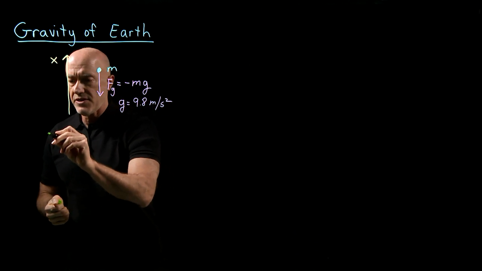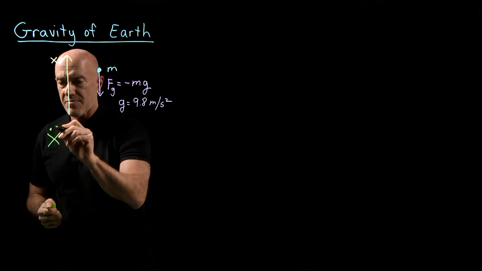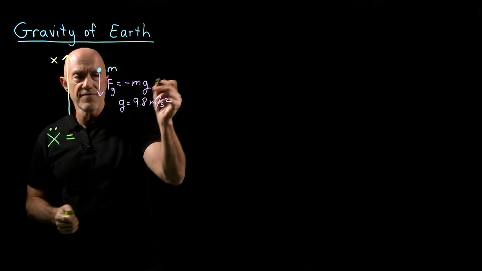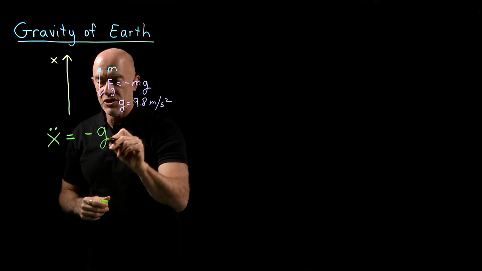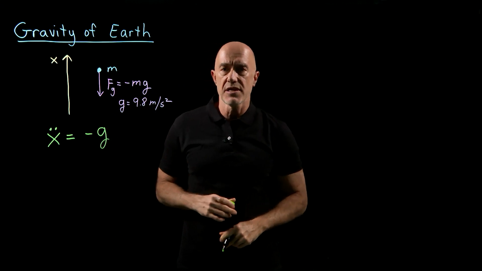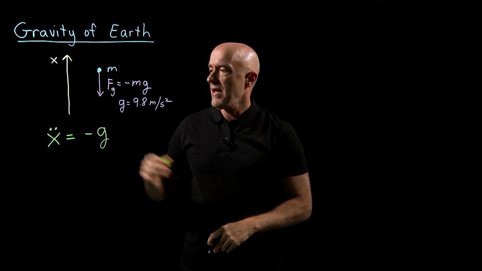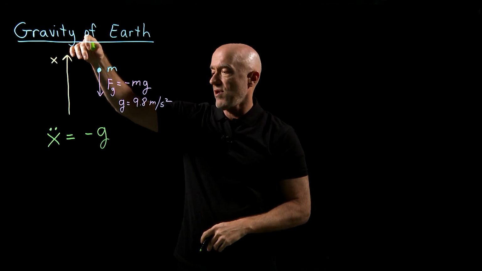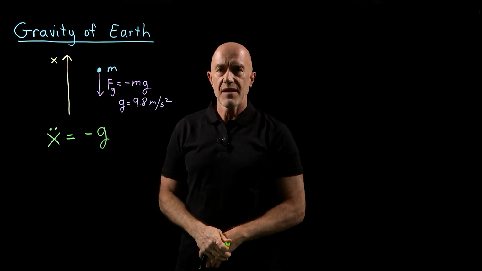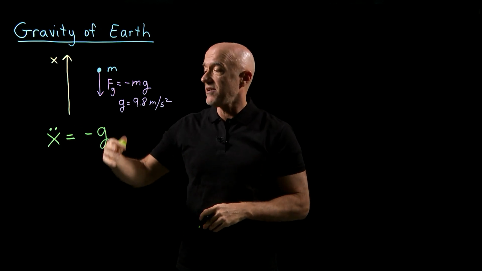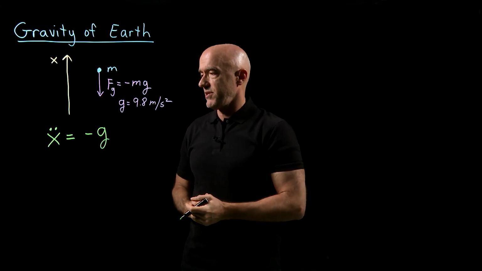So the acceleration, which I'll write as x double dot, is equal to the force divided by the mass, which just becomes minus g. So the acceleration is a constant, and the mass is accelerating downward, so we get a negative sign. Our calculus now allows us to solve this equation.